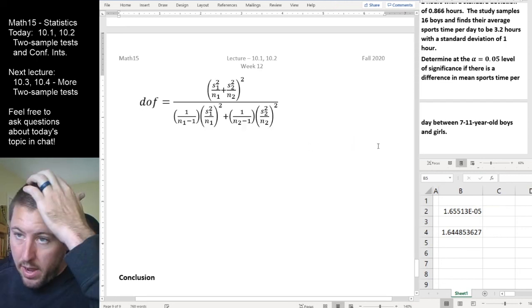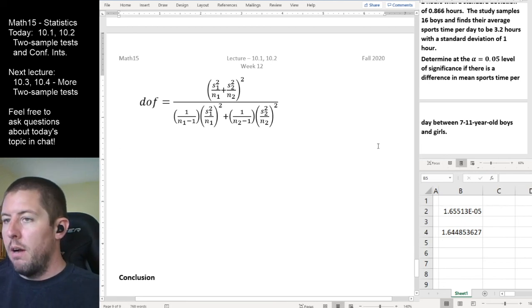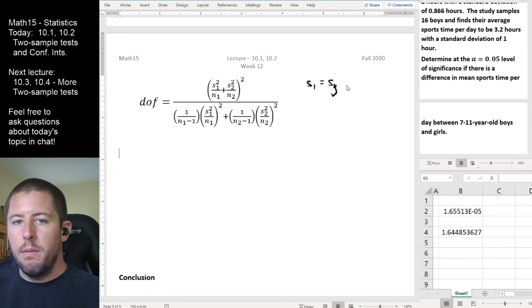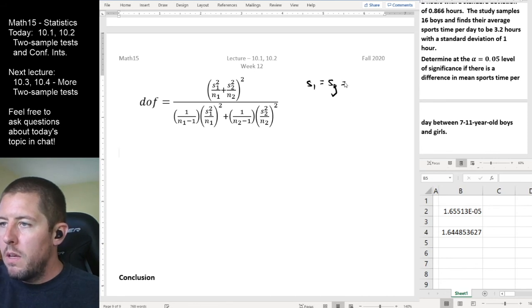All right, let's go ahead and fill this in. S1 is the standard deviation for girls, and that's my 0.866.